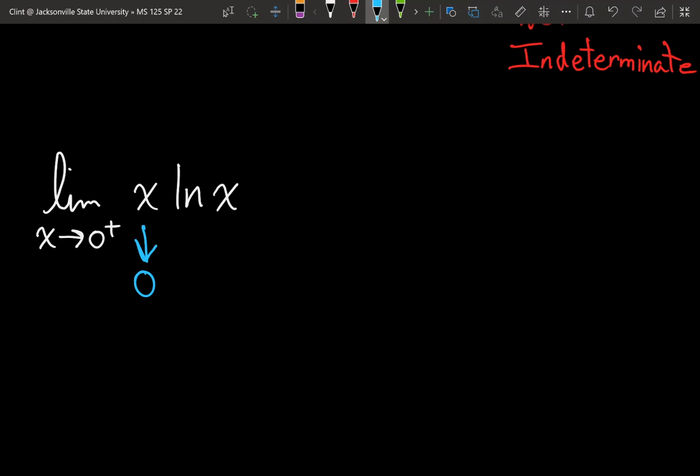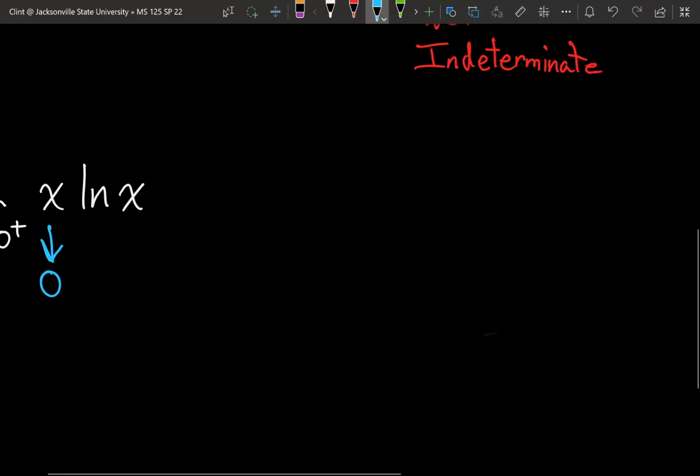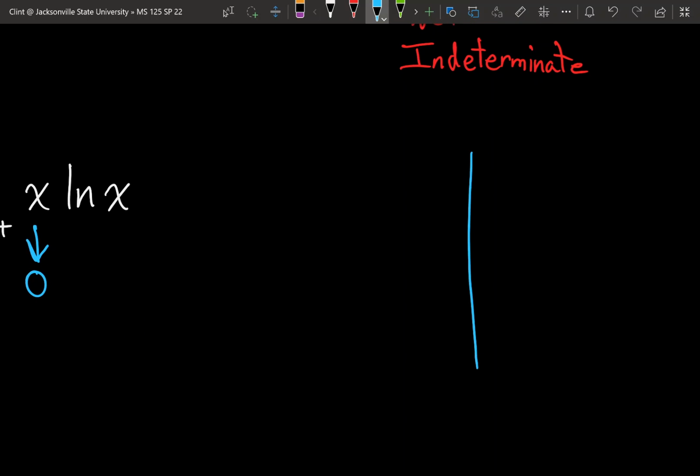And then as x approaches 0 from the right of ln of x, we might have to think about that one a little bit more. What's going on with that one? You may remember what the graph of the natural log of x looks like.